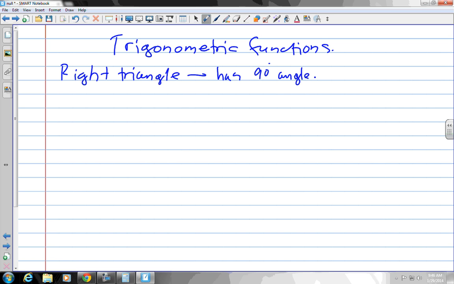If I take a family of similar right triangles like 30, 60, 90, all the ratios of the sides will stay the same, and we computed those ratios.